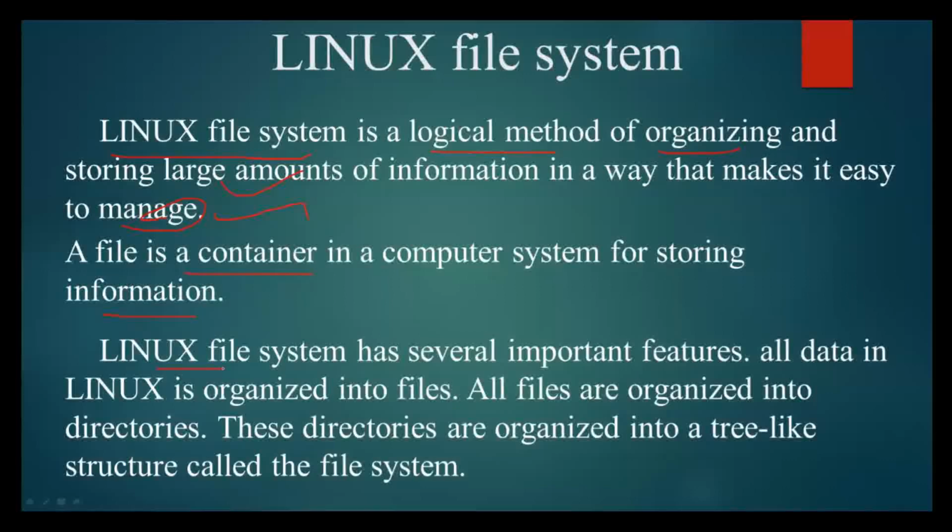Third point: the Linux file system has several important features. All data in Linux is organized into files. All files are organized into directories. These directories are organized into a tree-like structure, and this structure is called the file system. Suppose I have information about all students, say DS600.